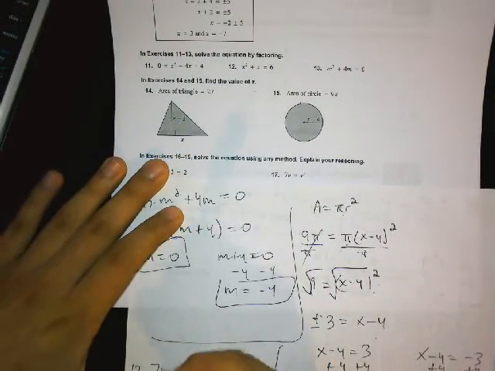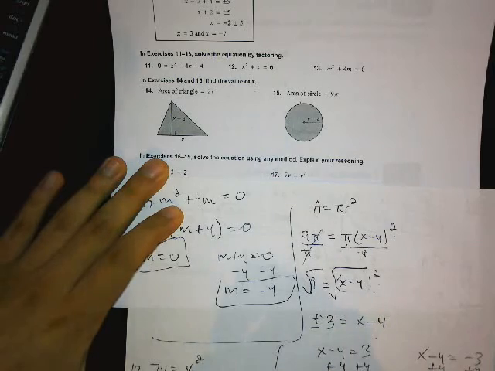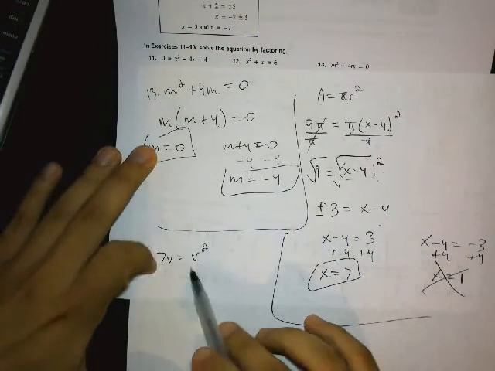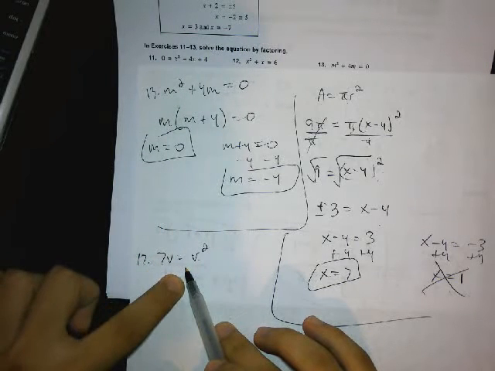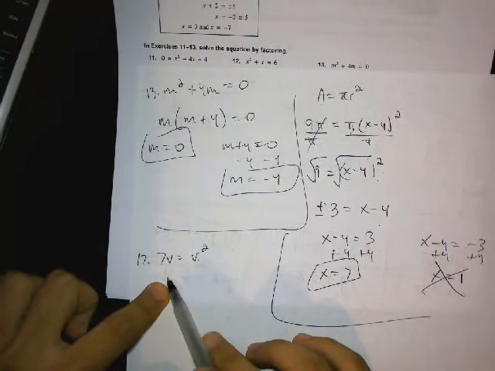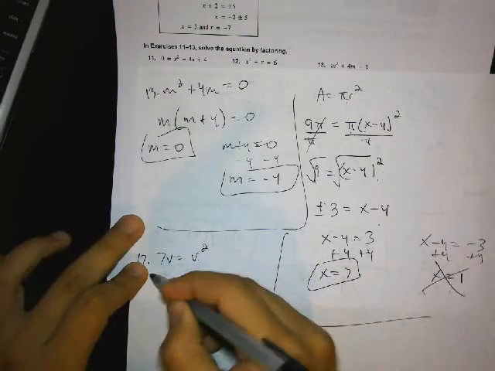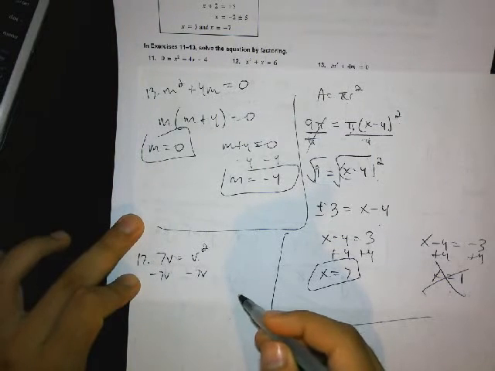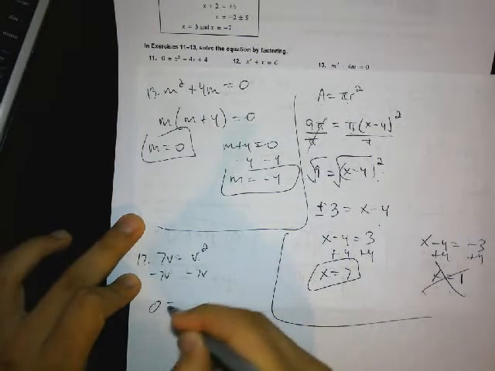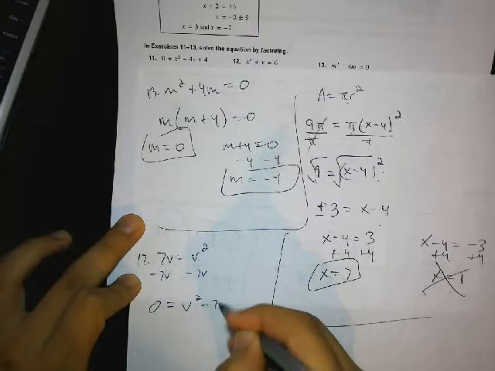So here, that's 7v equals v squared. I'm going to move all terms to one side, so I get an equation equal to 0. So I'm going to subtract 7v from both sides. And here I get 0 is equal to v squared minus 7v.